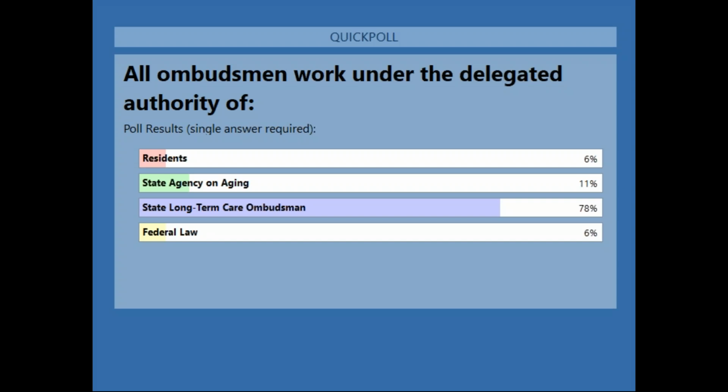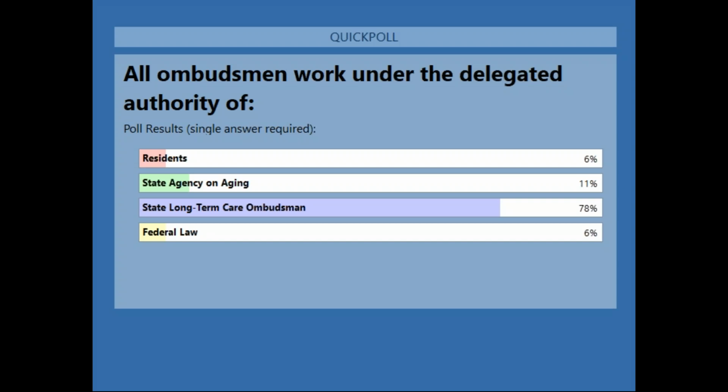All ombudsmen work under the delegated authority of the state long-term care ombudsman. So it wasn't supposed to be a trick question, but it's that word delegated authority. And as you know, you must delegate the people underneath you, the staff and volunteers, to be certified in your state.